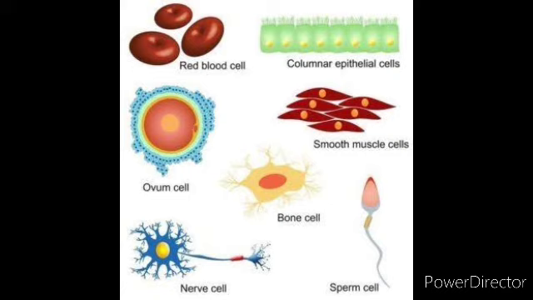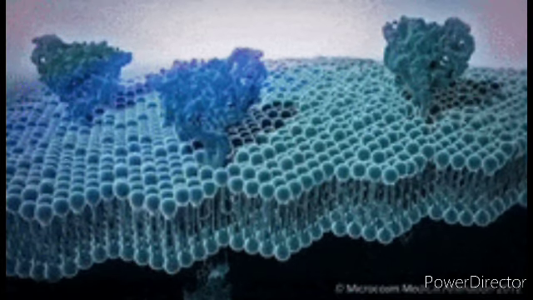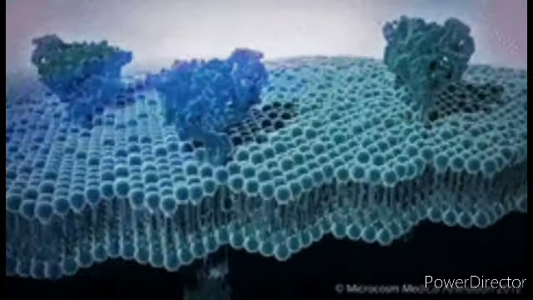There is a great variety in the shape of cells: spherical, oval, cylindrical, cubical, slipper shaped, that is paramecium, and also spindle shaped cells. Plant cell, animal cell. The outermost membrane in an animal cell is the cell membrane.